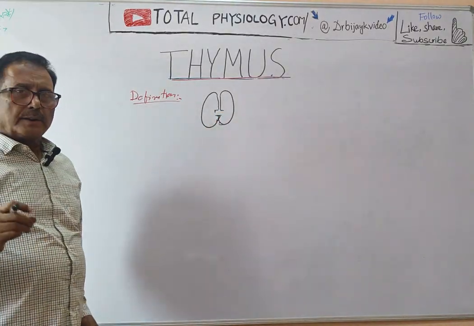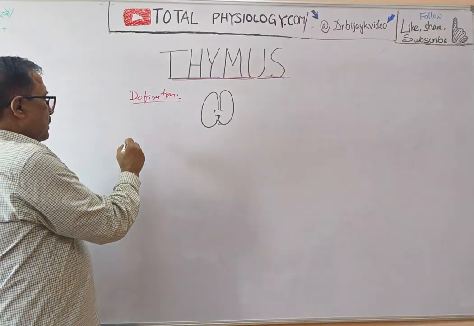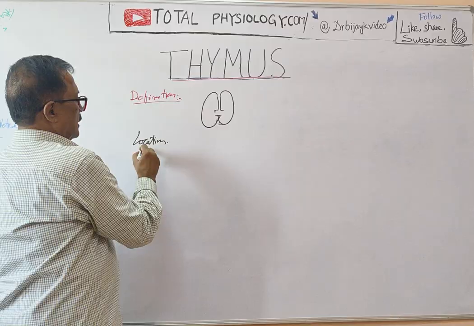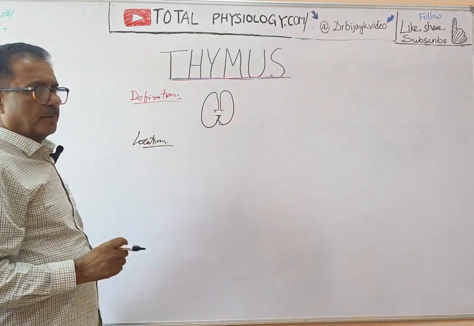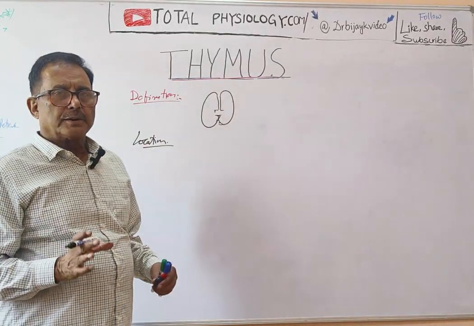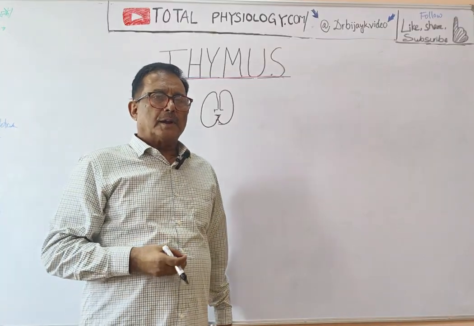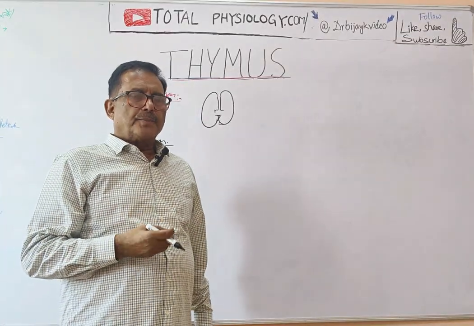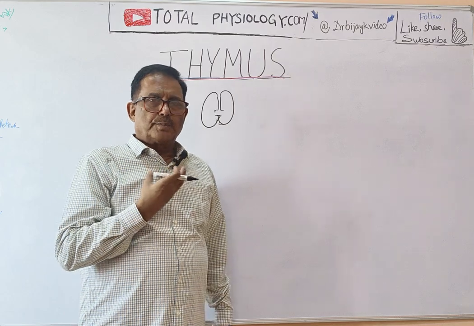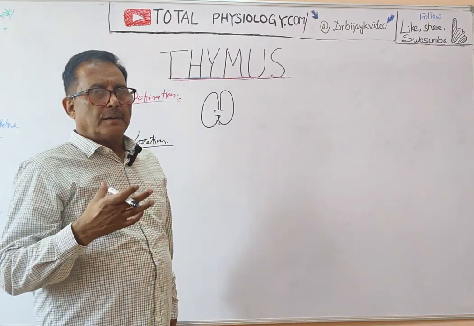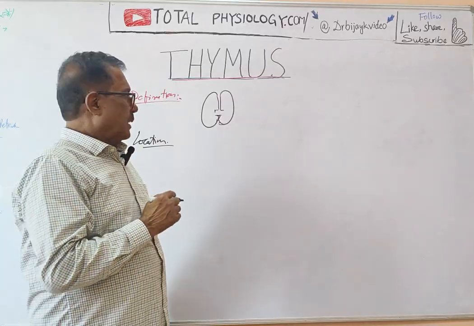And what is the location of the gland? It is present in the superior mediastinum. But in infants, when it is large, it extends to the root of the neck and upward, and downward it comes to the anterior mediastinum.